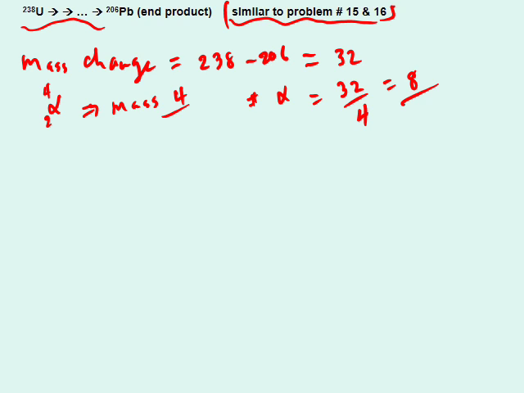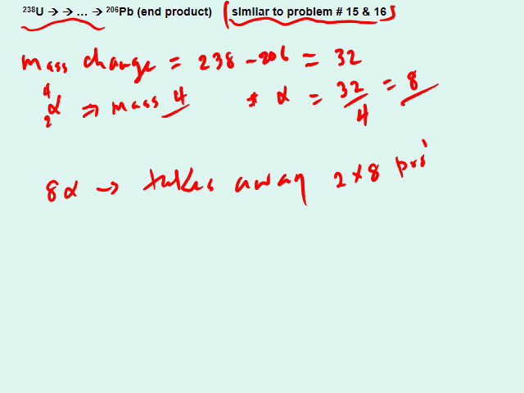Now keep something in mind: as 8 alpha come out, it takes away 2 times 8 protons, because each alpha has 2 protons and it is mass 4. So 8 alpha would take away 16 protons.